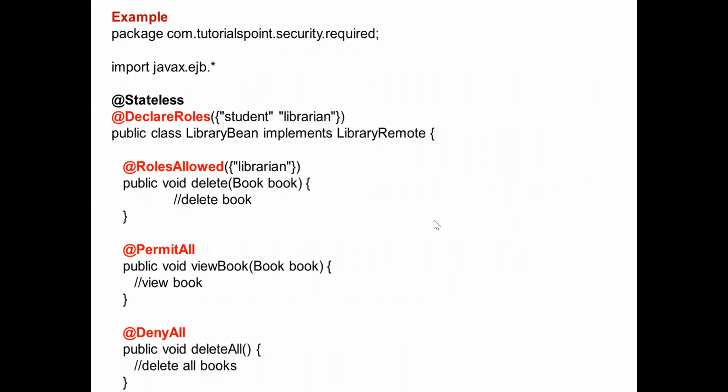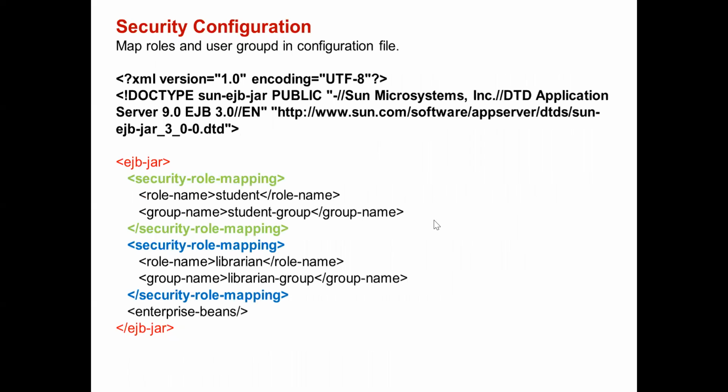Okay, this is security with an example. I have to give the security with the help of XML to configure the security, that is the security configuration. So I write in the XML, that is, question mark xml version is 1.0.